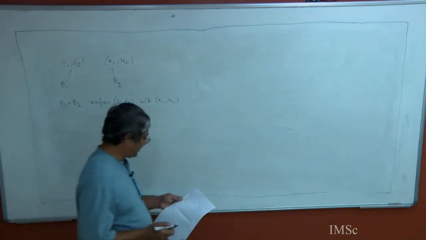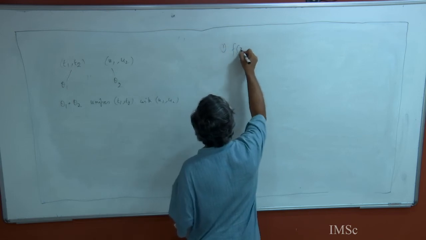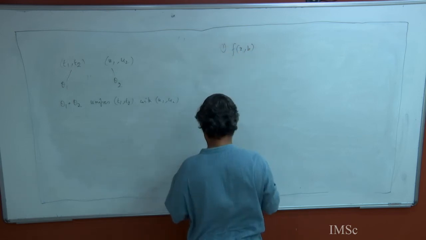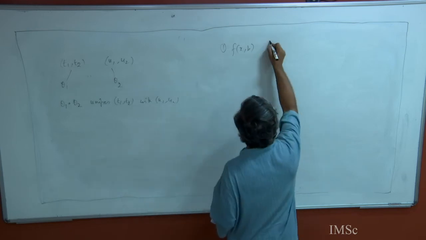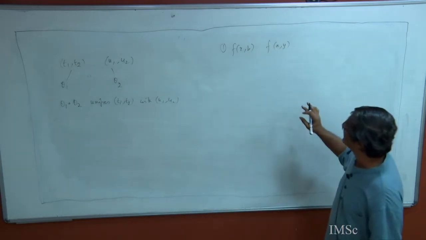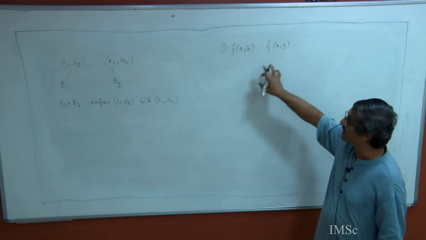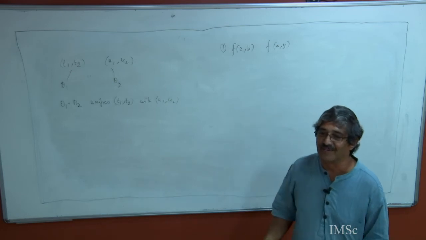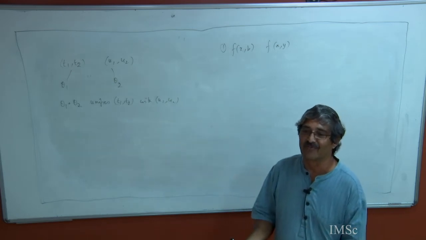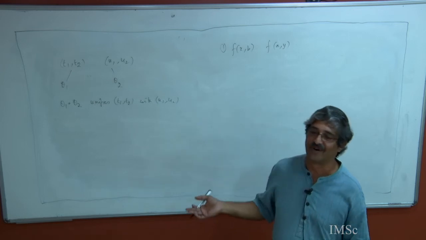So let's say, example 1, you have f of x, b and f of a, y. Now, the way I said it is that this is the pair T1, T2 and U1, U2. Of course you can try it in parallel, nothing is stopping you, but you have to follow something, and I am going to follow the left to right ordering.